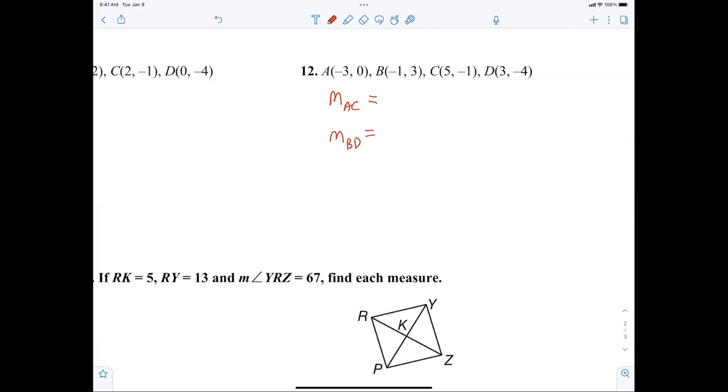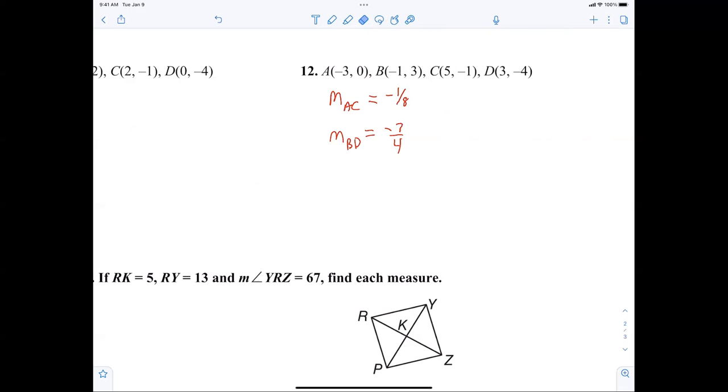Somebody said the slope of AC is -1/8. Is that true? That's very true. Now let's do the slope of BD. What is the slope of BD? 7/4. Everybody's agreeing with that? Correct?